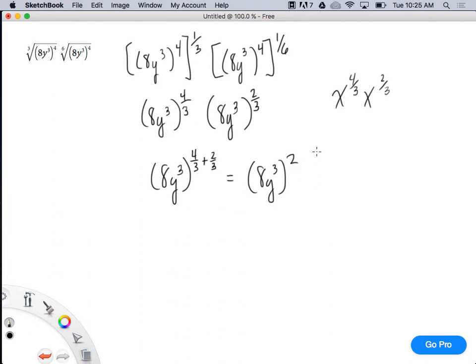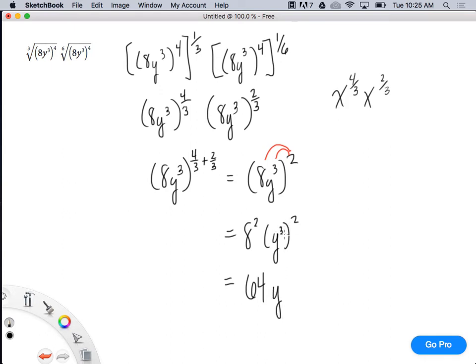You see? Okay. Now I have an exponent and I have a product inside, so I take that exponent and I apply it to both. So this ends up being 8 squared times y to the third squared. Right? 8 squared is 64.